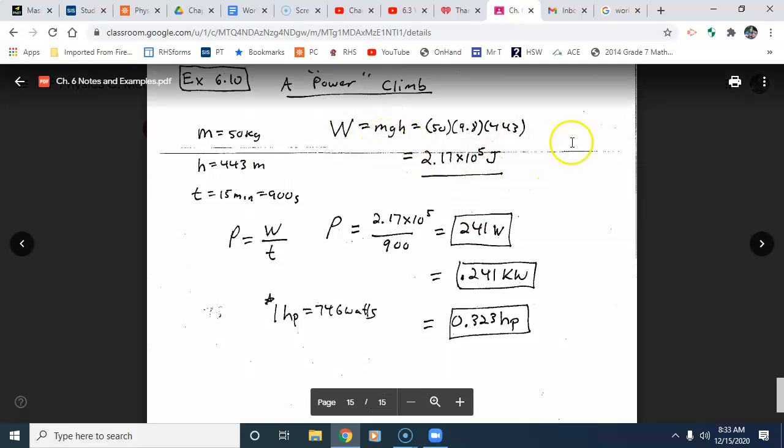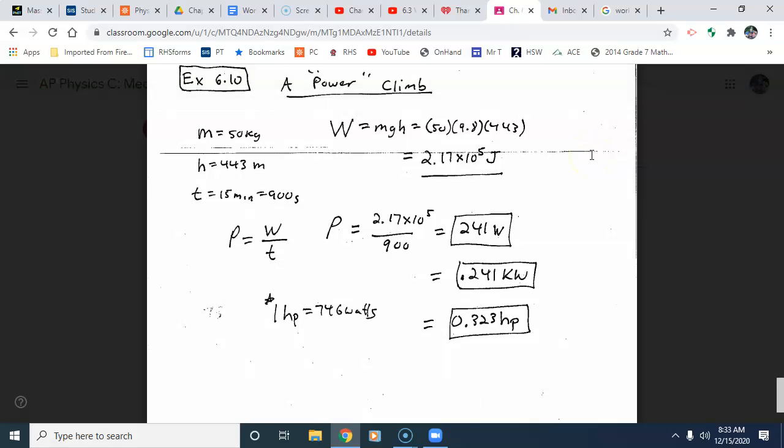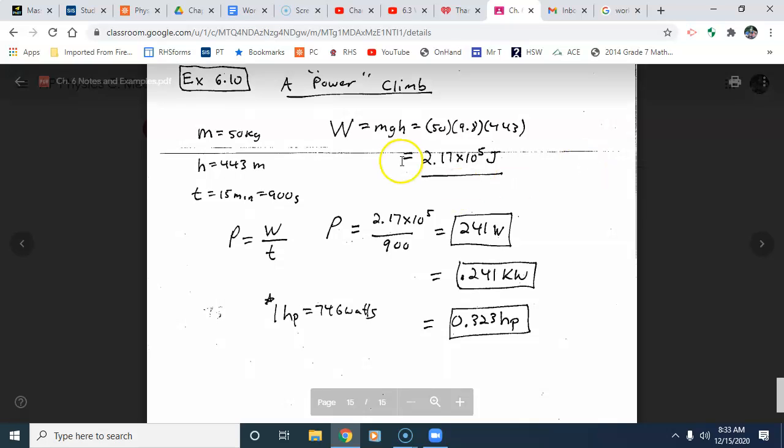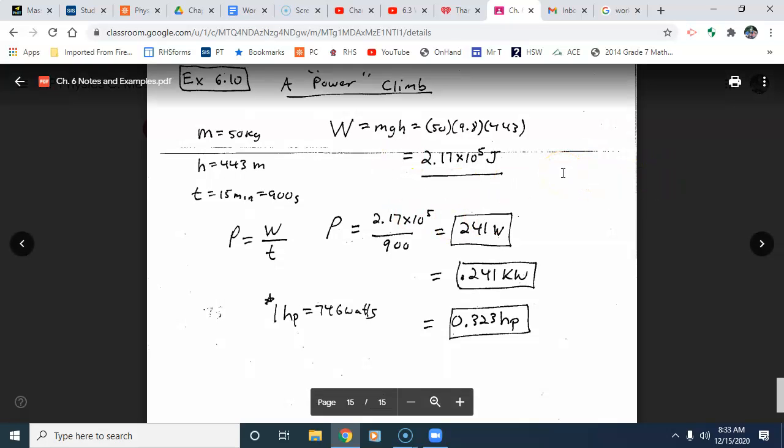Because unless told otherwise, the minimum force needed to move something vertically is equal to its weight. All right. So we use work equals force times displacement. So the force is weight, mg, for a vertical lift, and the displacement is the height, 443.